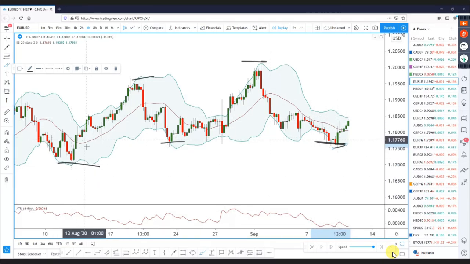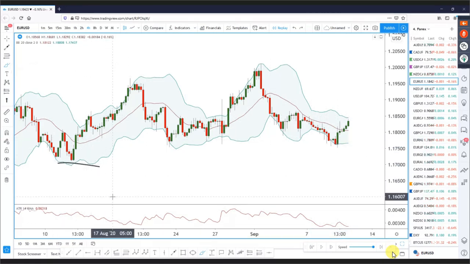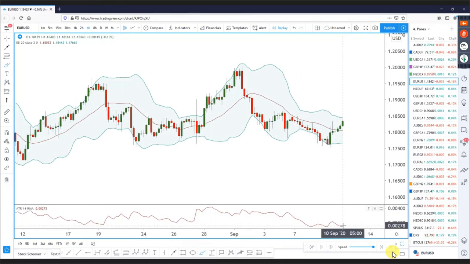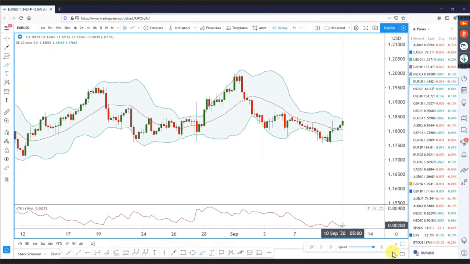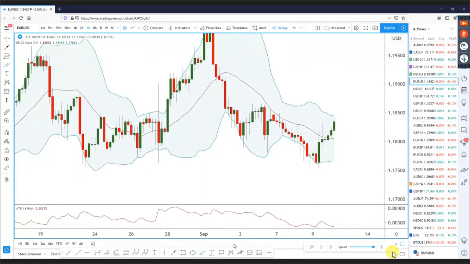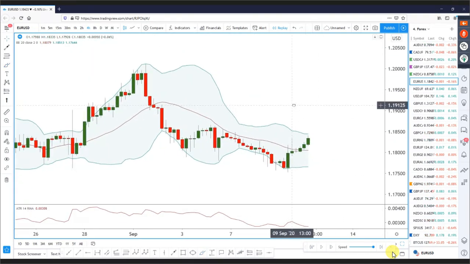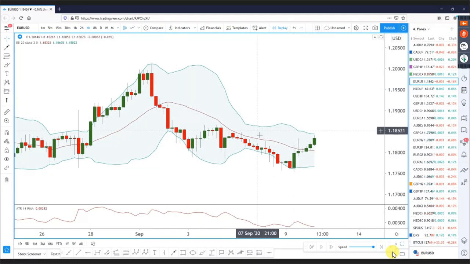So bullish bias, but very low ATR volatility. So how much is this? It's 27 pips in a 4-hour chart. It's pretty low. So let's say my bias is bullish.